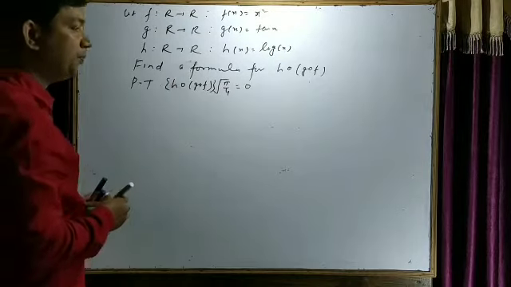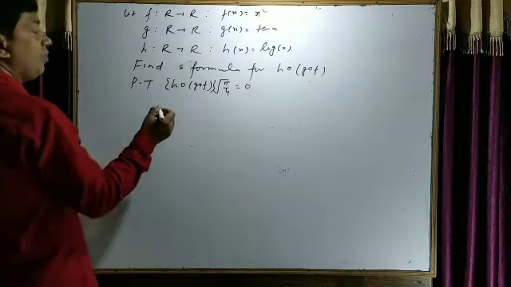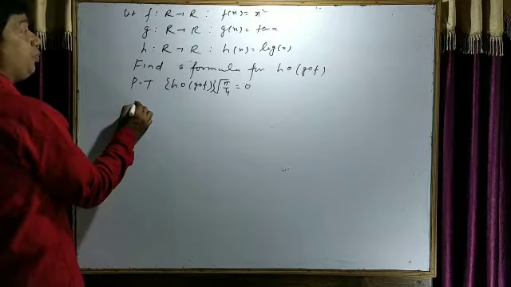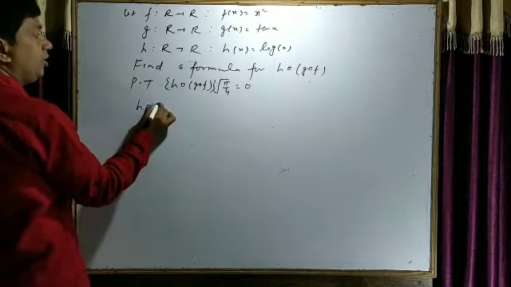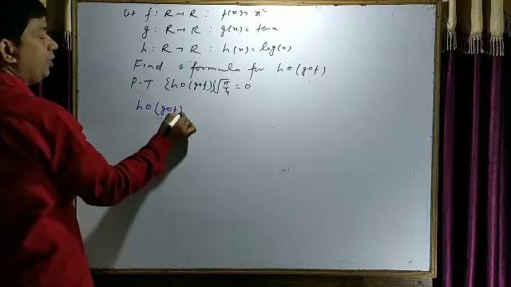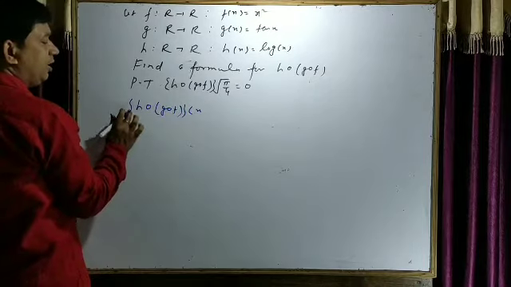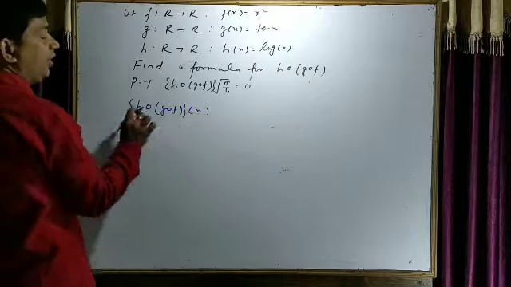Now see how it is. Very simple. First of all, take h ∘ (g ∘ f). You put here x; suppose we take g ∘ f as z.